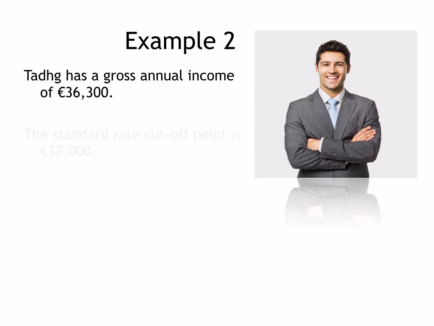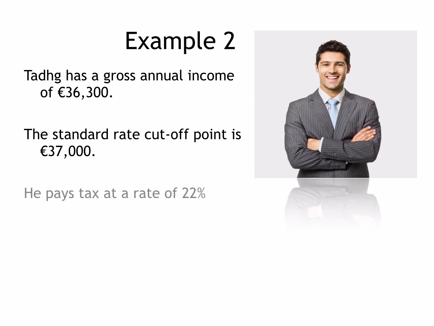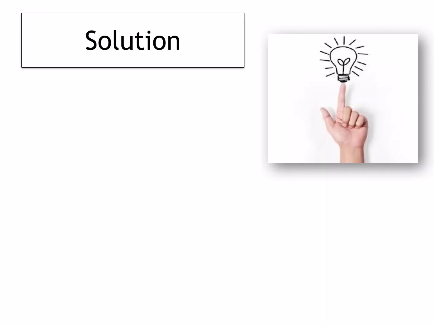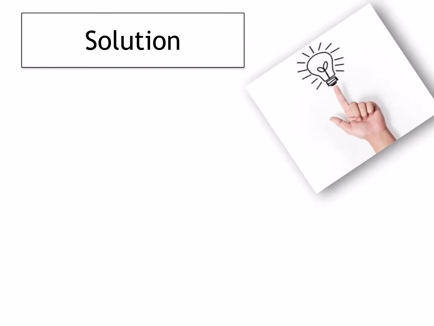Tadhg has a gross annual income of €36,300. The standard rate cut-off point is €37,000. He pays tax at a rate of 22% and has tax credit of €2,016. We are asked, what is Tadhg's net income? Let's have a look at the solution.